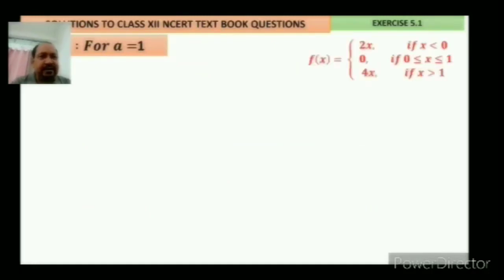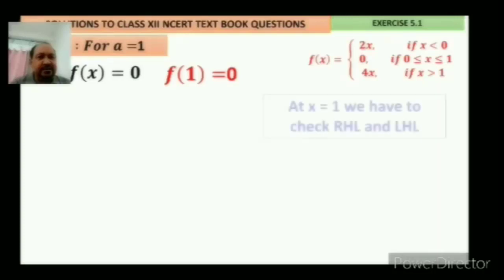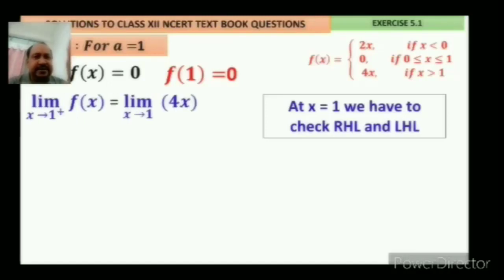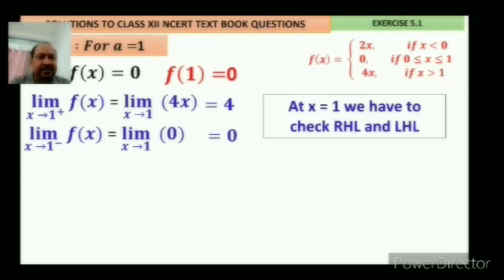For a equal to 1, the value of the function is equal to 0, f(1) equal to 0. Now you have to check RHL and LHL also. As you observe, the value of RHL is 4 and the value of LHL is 0.